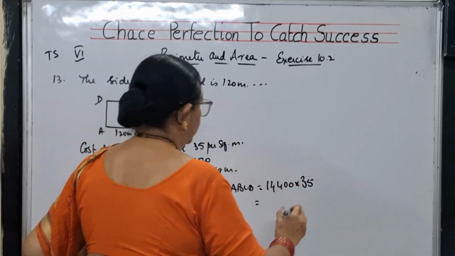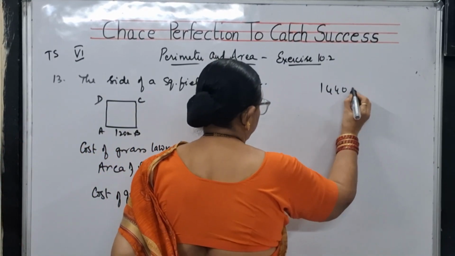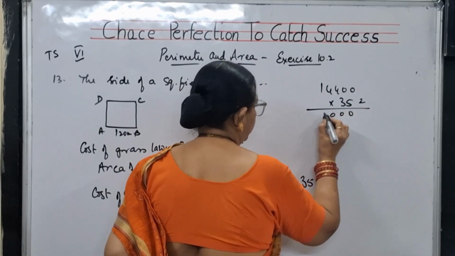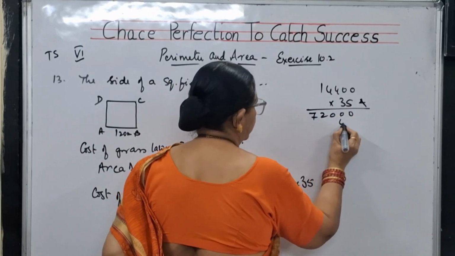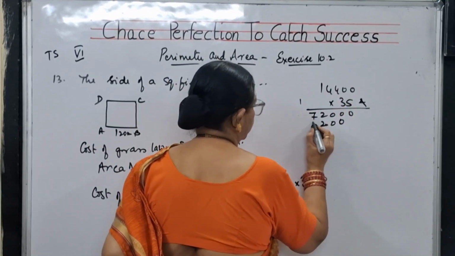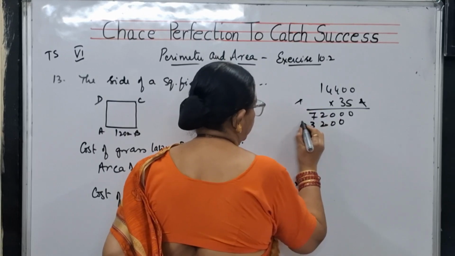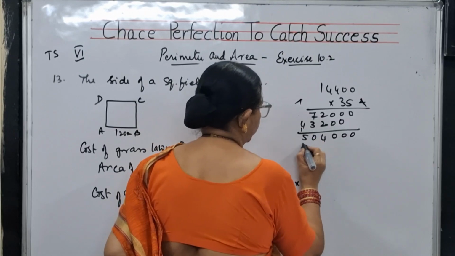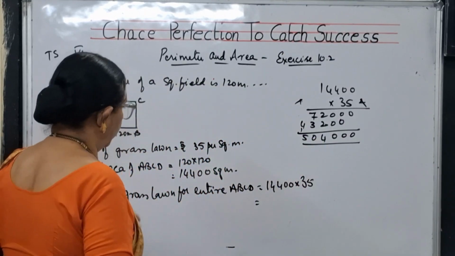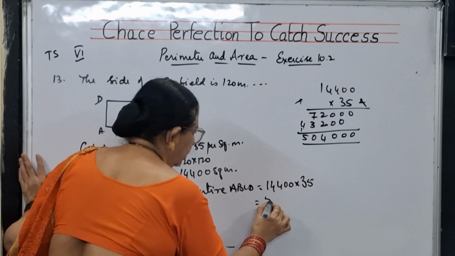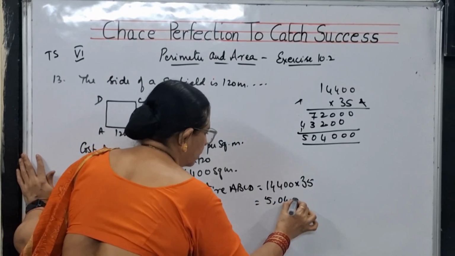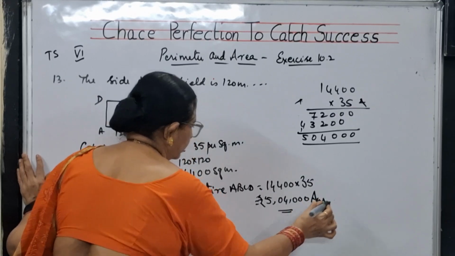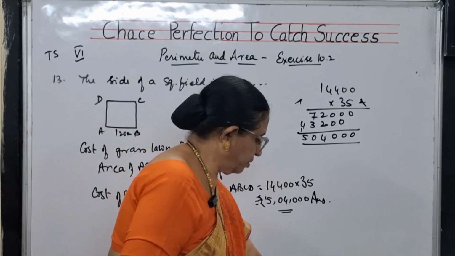So let us see: 14,400 into 35 is 5 lakh 4,000 rupees. This is the cost for that lawn, children.